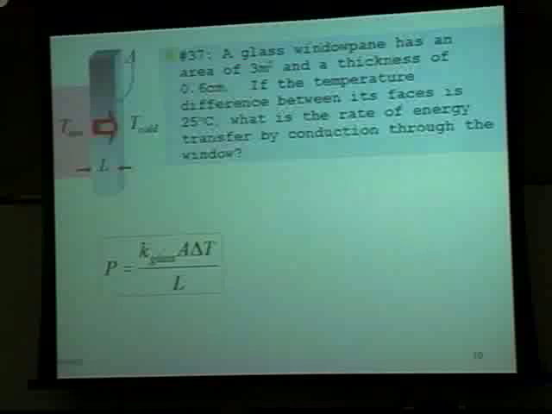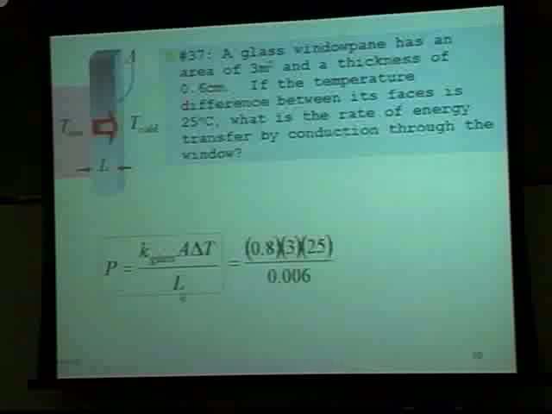Well, we're given the area, 3 square meters. The change in temperature between the two faces is 25 degrees. We're told it's glass, and we find the thermal conductivity of glass. And the length is 0.6 centimeters.